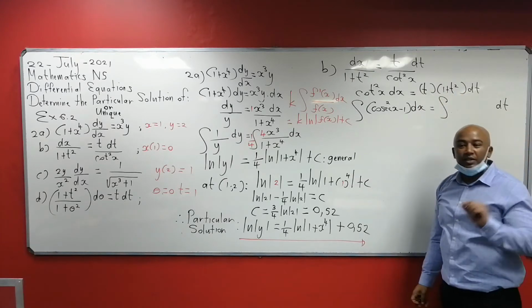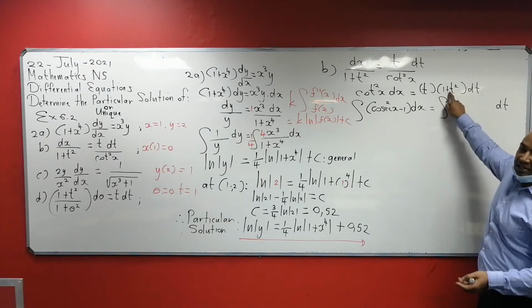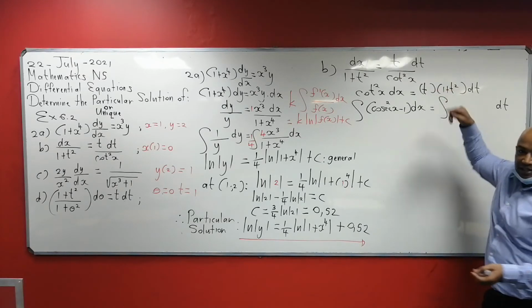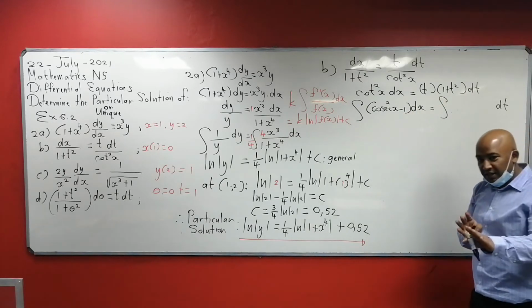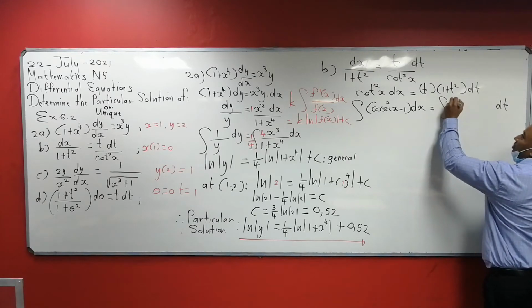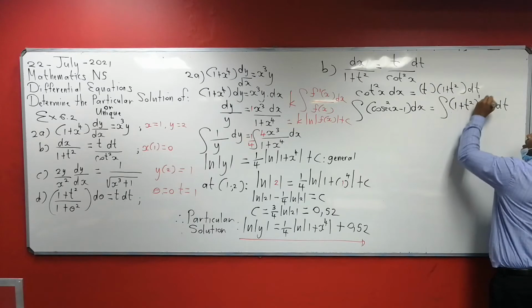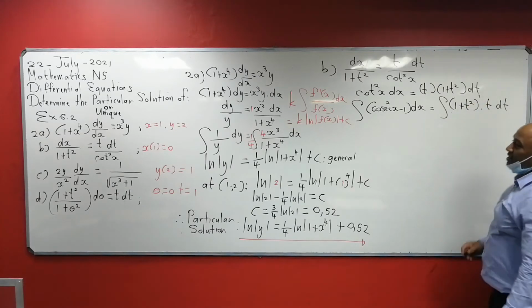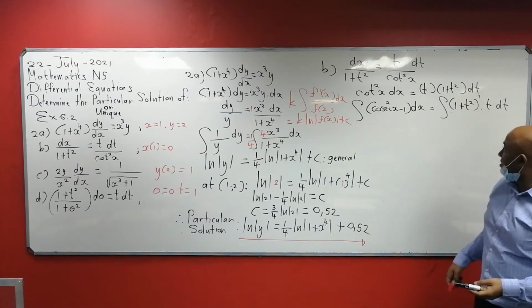So I think, let me do it the more difficult way. You're used to, obviously you'll know that t times 1 is t, t times t squared is t to the power 3. That is correct. So you did it that way, and I will show you a different way now. So now that's going to be 1 plus t squared to the power 1 multiplied by t there. So I want to use the standard form that we always use.